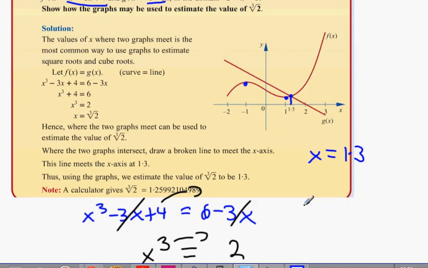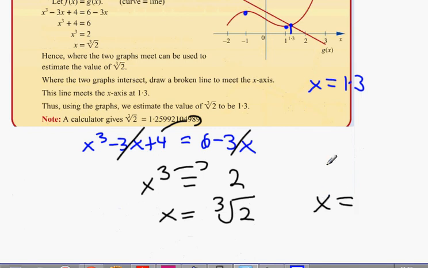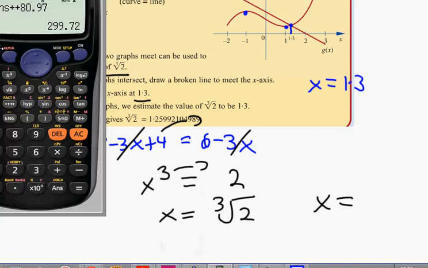Therefore, the answer to it graphically is also the cube root of 2. So hence when the two graphs meet, it can be used to estimate the value of the cube root of 2. Where the two graphs intersect, draw a broken line down to meet the x-axis. The x-axis meets at 1.3. Using the graphs, we estimate the value of the cube root of 2 to be 1.3.